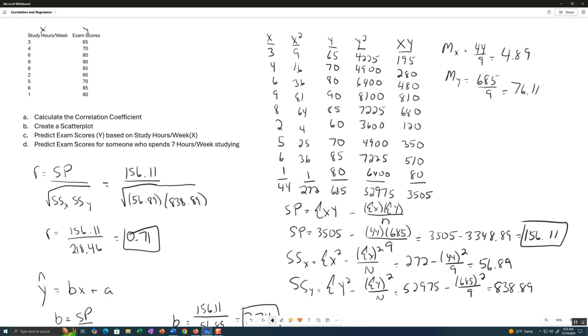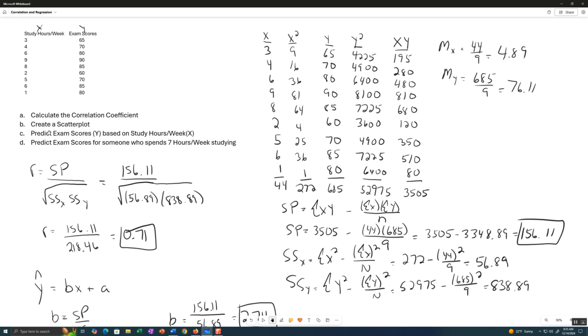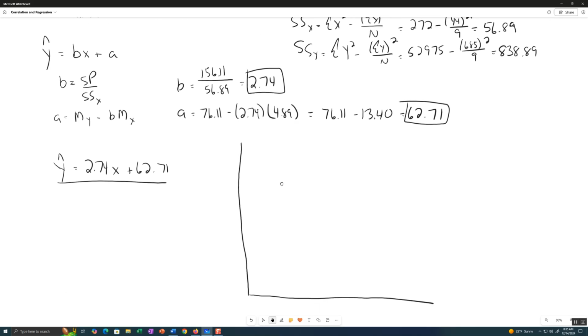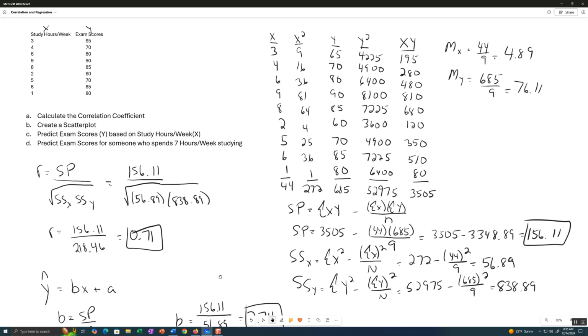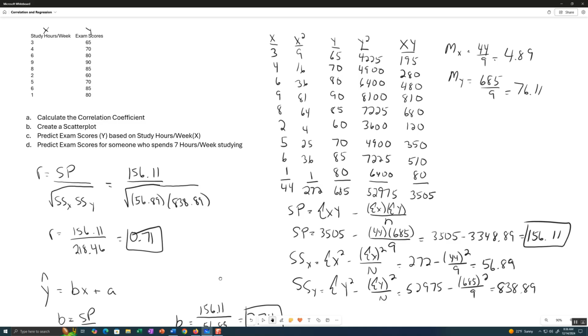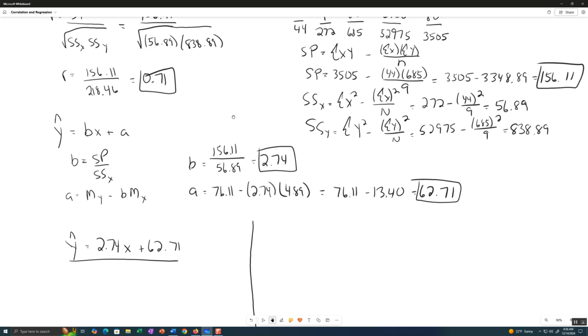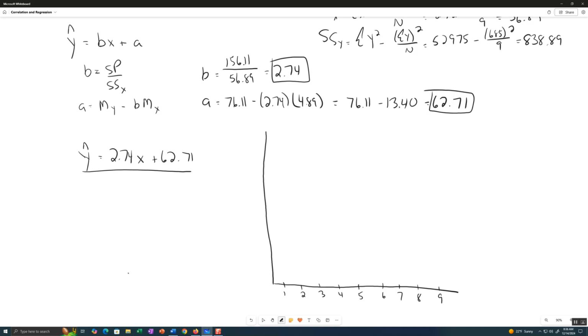The X is easy because the range of X is 1 through 9. So that's easy to label. And those are study hours. So you just make 1 through 9 here, the best you can. Now the y-axis is a little bit harder because it's starting at 60, ending at 90. Start at 60.